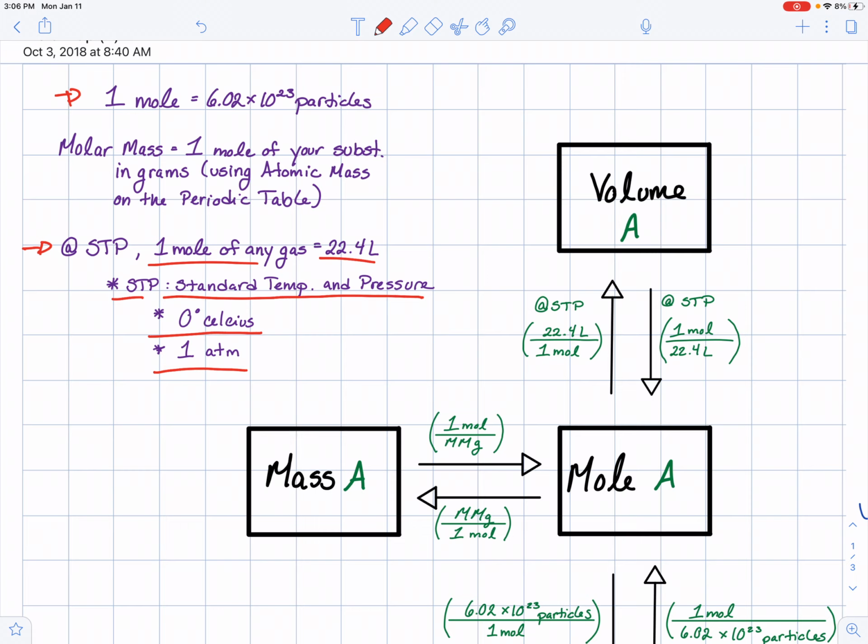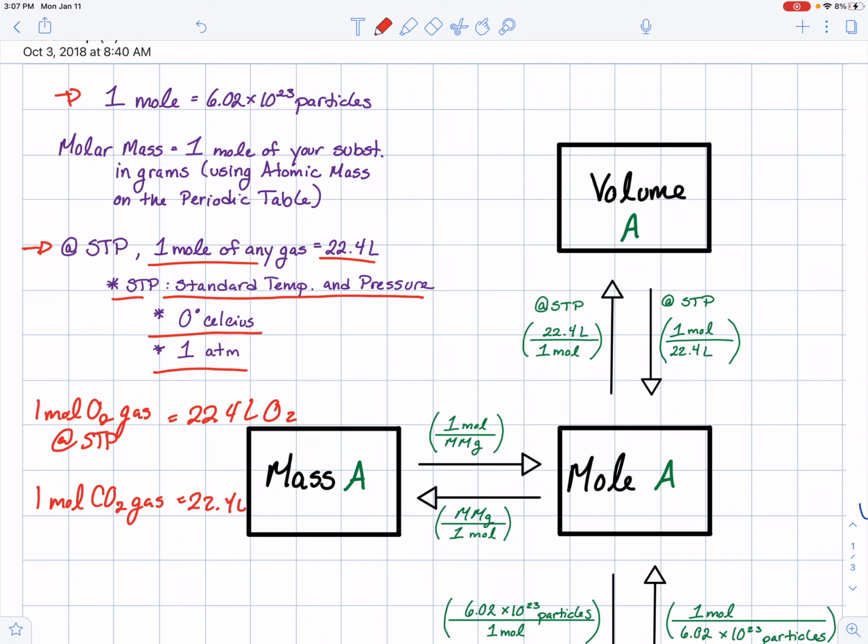So that means that if I have 1 mole of O2 gas and that I'm at STP, that means that it will occupy 22.4 liters of space. So I have 22.4 liters of O2. And that's true for any gas. So if I have 1 mole of CO2 gas, I still have 22.4 liters of gas.